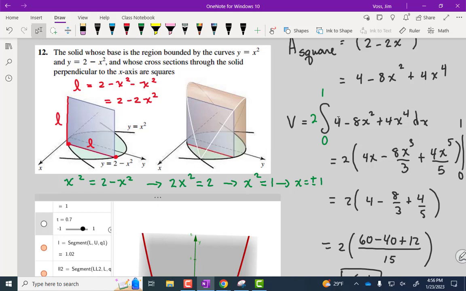So the idea is that if we can find the area of that cross-sectional square, and if we integrate that, then we'll get the volume of the whole solid. Okay. So the area of the square gives us a function that we can then integrate to get the total volume. So the summation is basically adding up a bunch of square slices. That's what the integral is doing. Adding up a bunch of square slices.